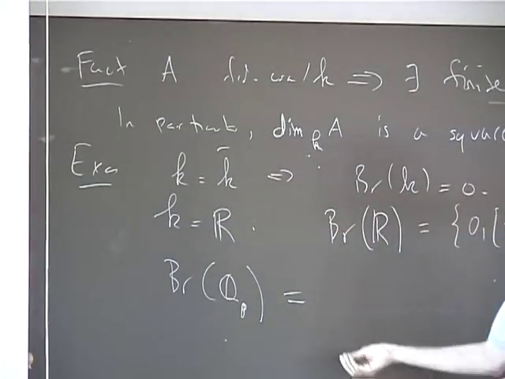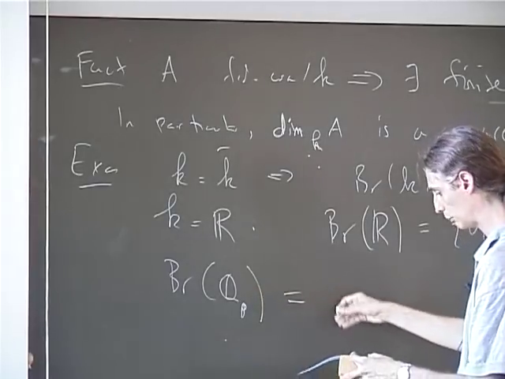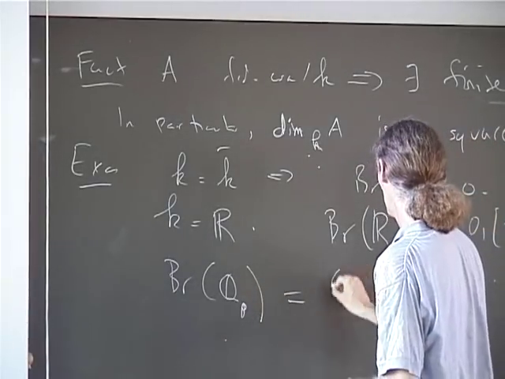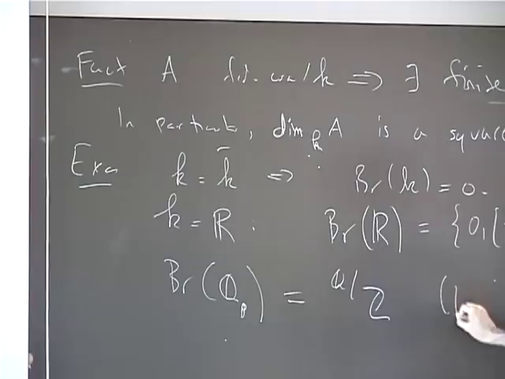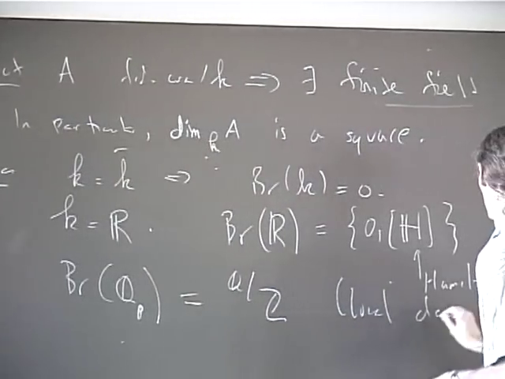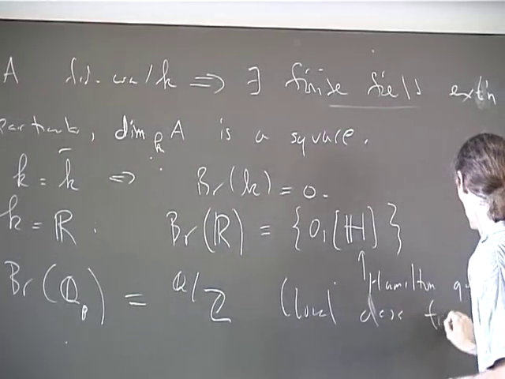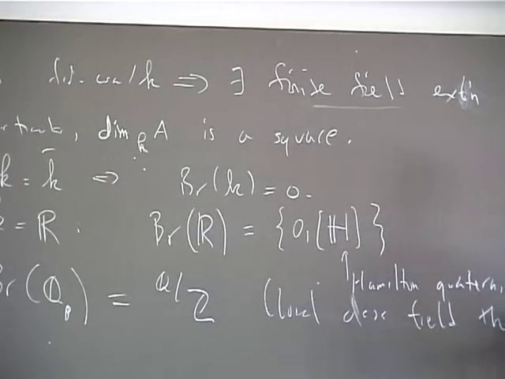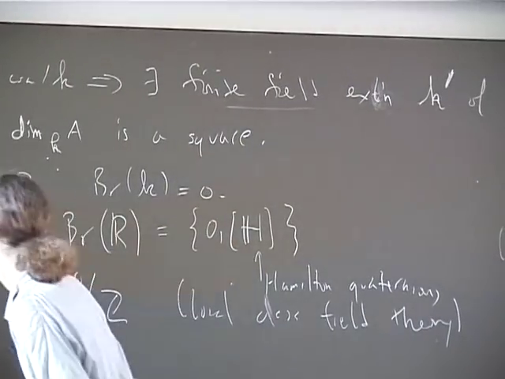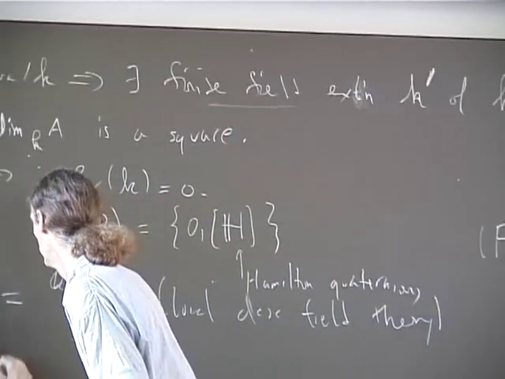Okay, so local class field theory identifies the Brauer group of the p-adics with Q mod Z. And then by global class field theory, there's a short exact sequence.